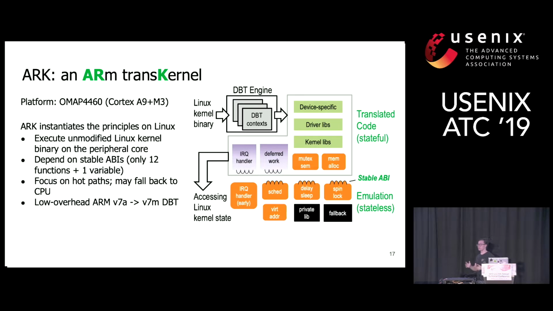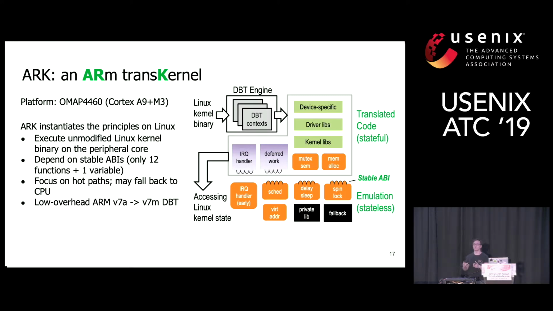We introduce ARC, an ARM-based transkernel implementation on the OMAP 4460 platform, equipped with the peripheral core M3 plus the CPU A9. Here is the full software stack running on the peripheral core, where the Linux kernel code is taken in and translated by our cross-ISA DBT from V7A to V7M. Within the box are the kernel services that will be translated.